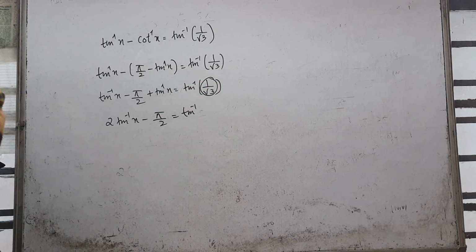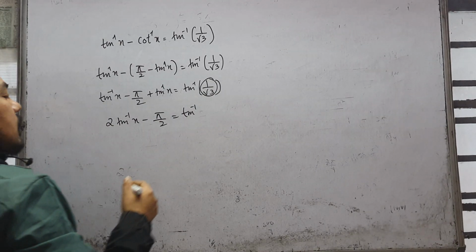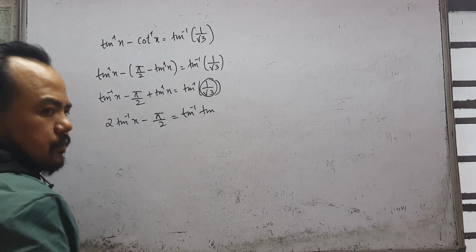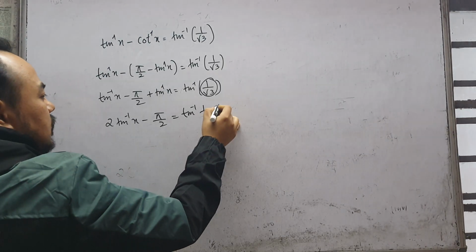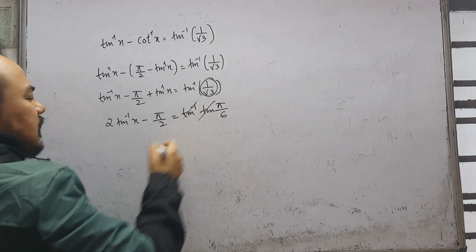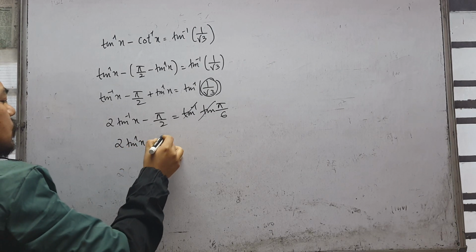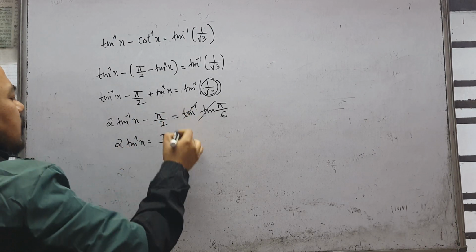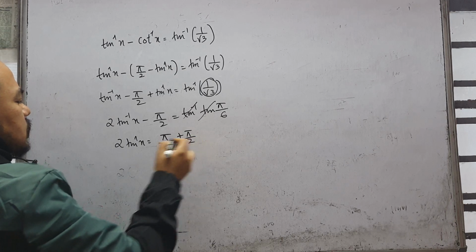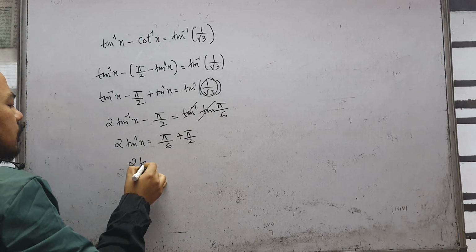Can you tell me what is 1 by root 3? Tan of what value? Tan of 30. That is pi by 6. So tan and tan get cancelled. So 2 tan inverse x is equal to pi by 6, and the negative comes and becomes positive.